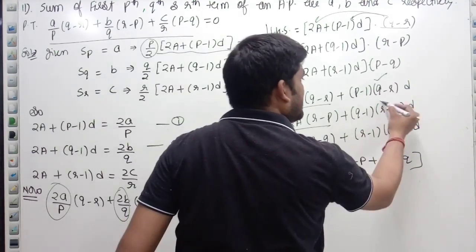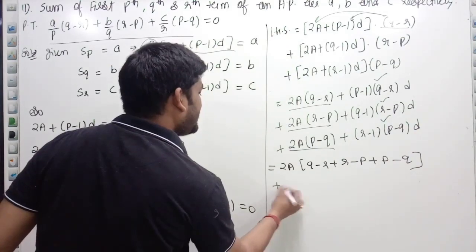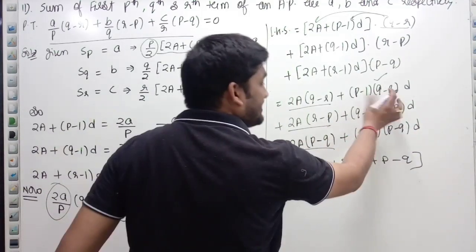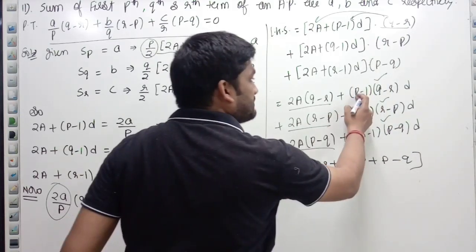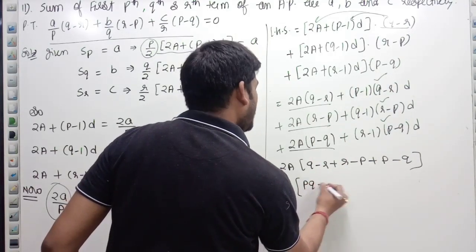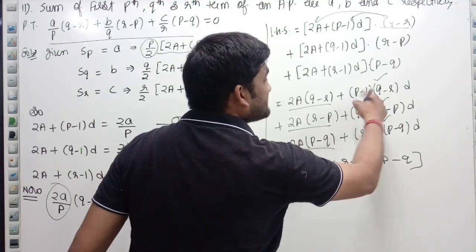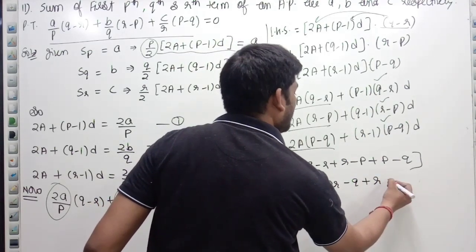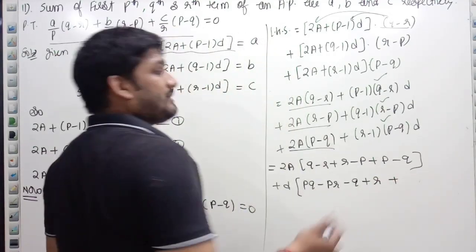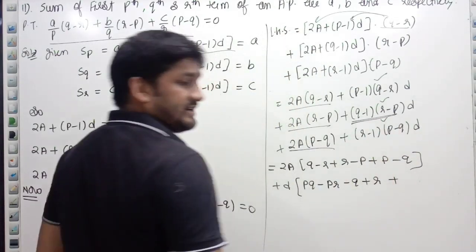Now in these terms, three terms, if I take d common, what I will get? These multiples. Now I am writing it by multiplying. This p multiplied to the both pq minus pr. This minus 1 multiplied to both minus q plus r plus second term I am writing this, right?